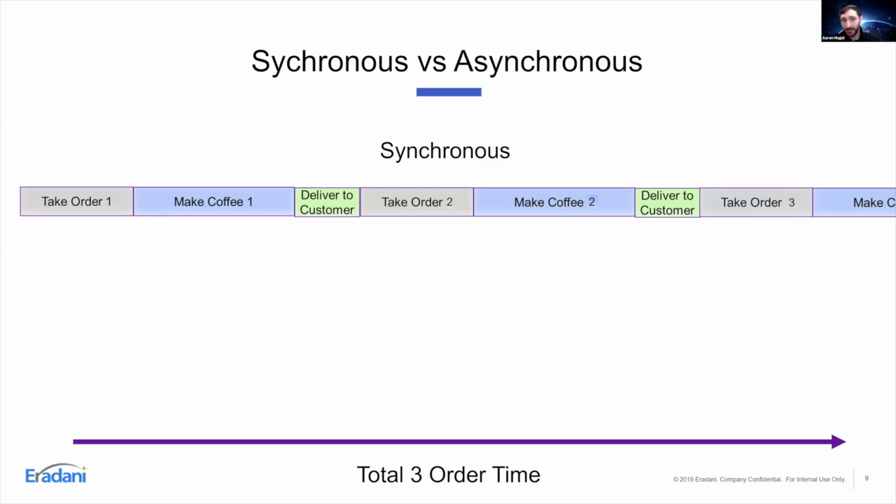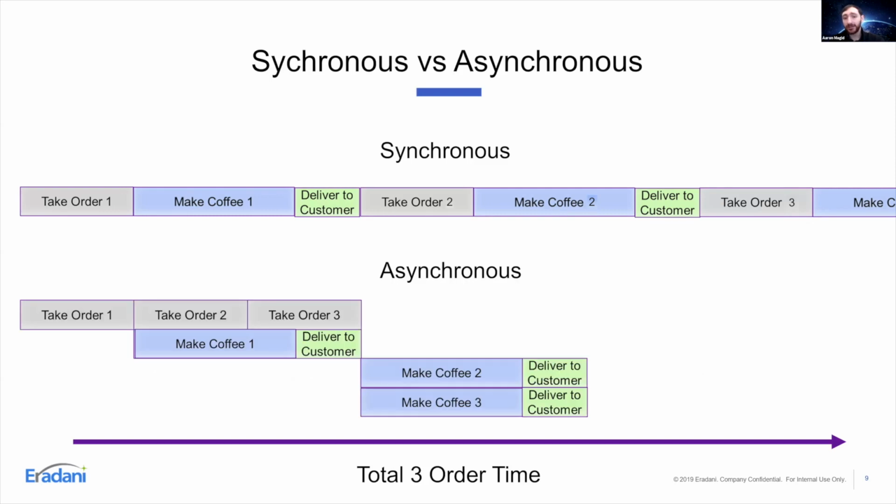Now, from an asynchronous standpoint, your timeline looks more like this, where customer 1 comes in, they place their order. Then while the baristas are making drink 1, the cashier is still working, taking order 2 and taking order 3. They're working at the same time. They're working asynchronously.